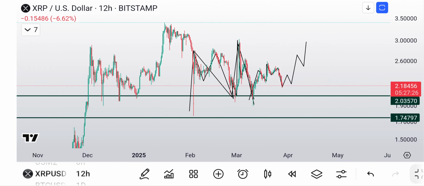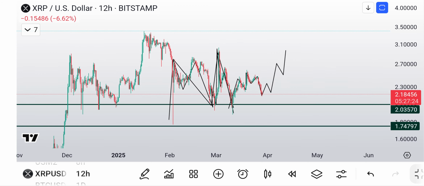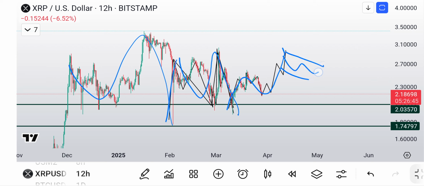So if we saw something like that, then we have a flat and then a 1, 2, right? We have 3 waves up. Maybe either this flags out and we can get going, or this comes down and we have 3 up and then we come down in 3 and then we go up in 5.